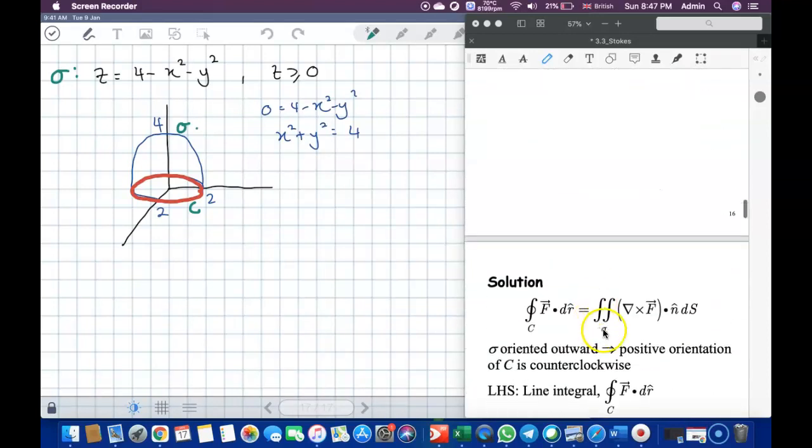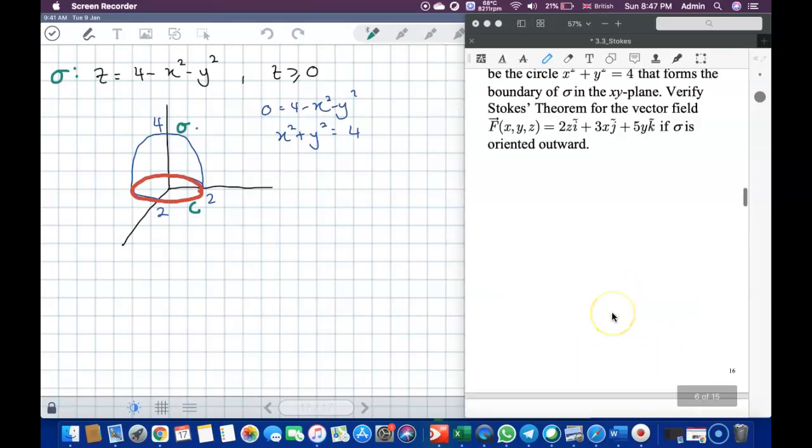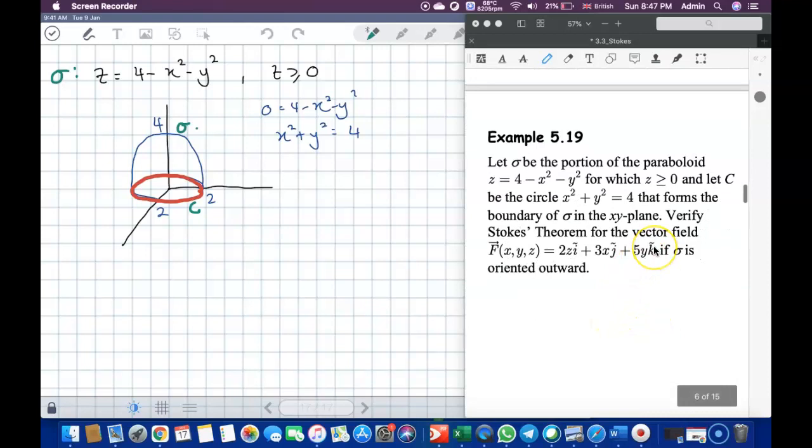Next, if we compute the right hand side, you have to deal with the surface integral of curl F. To verify, you have to show that the calculation of the left is the same as the calculation on the right.